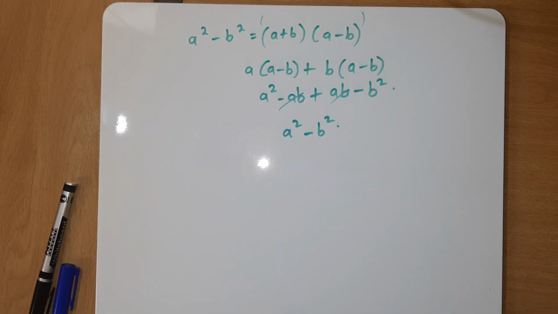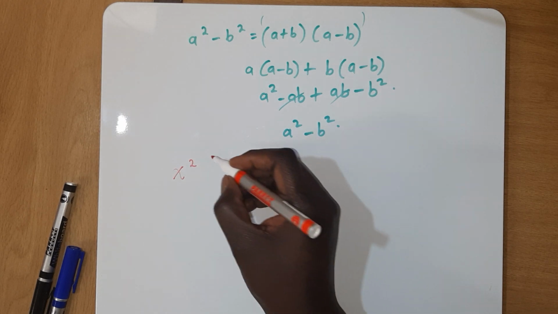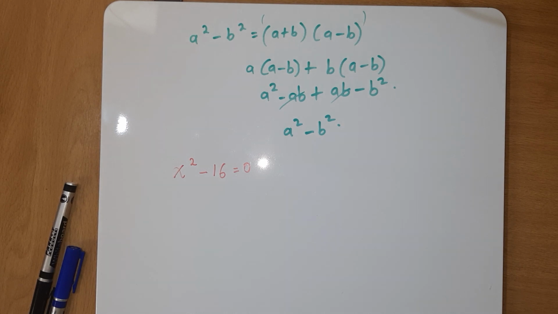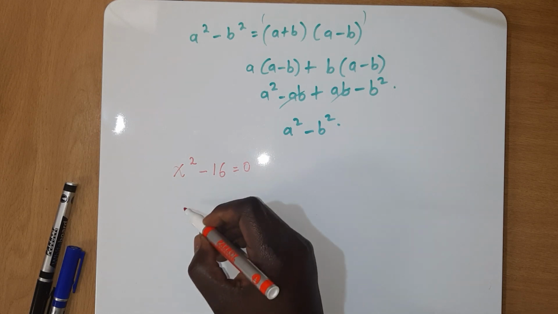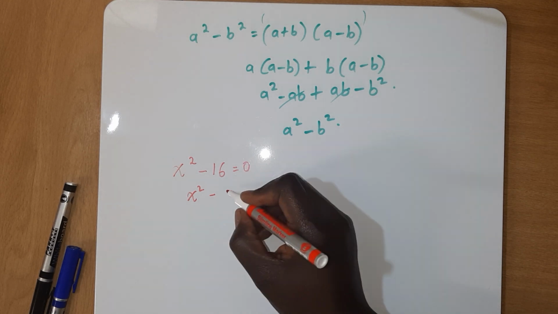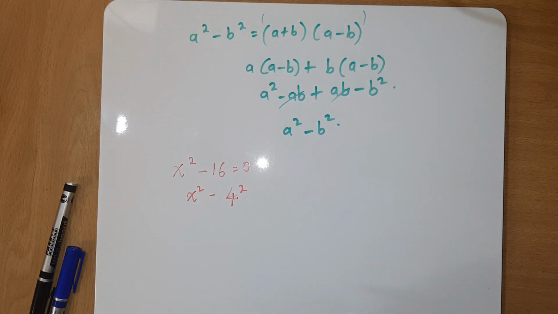Okay, so given this equation, x squared minus 16 equals 0, we could write this out as a difference of two squares. Then it's x squared minus, what's the root of 16? The square root is 4. So x squared minus 4 squared equals 0. But we know that a difference of two squares is equal to the sum of the two numbers times their difference.